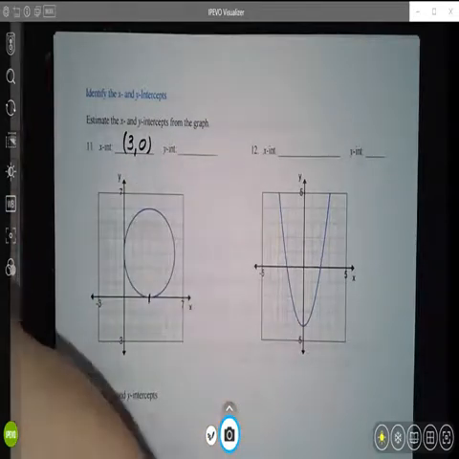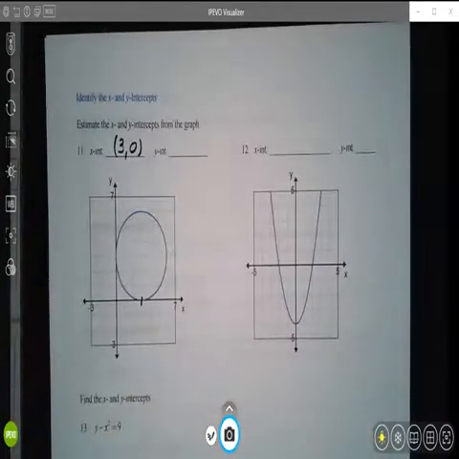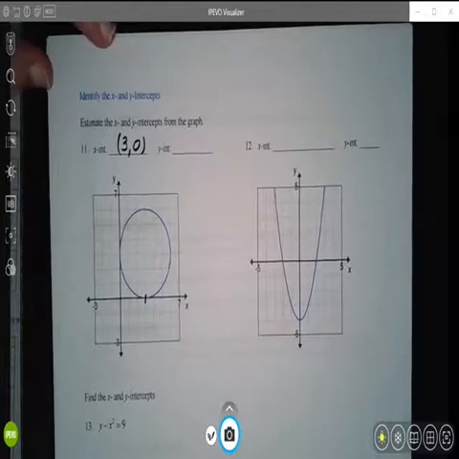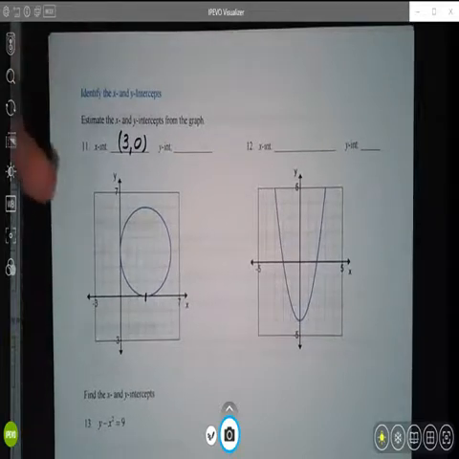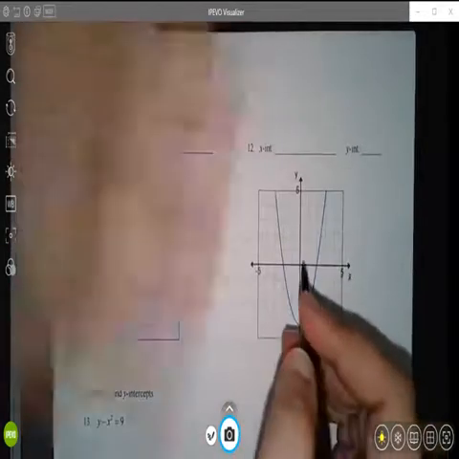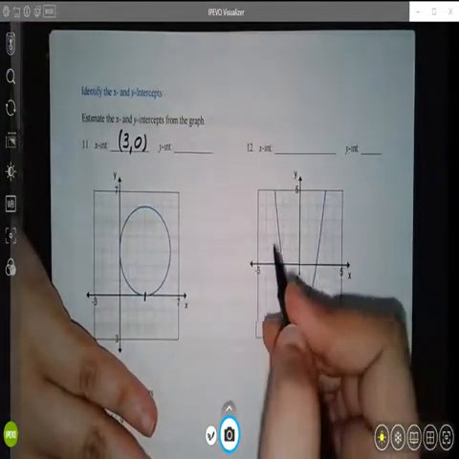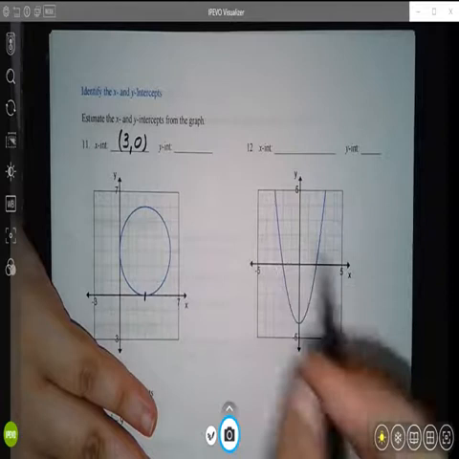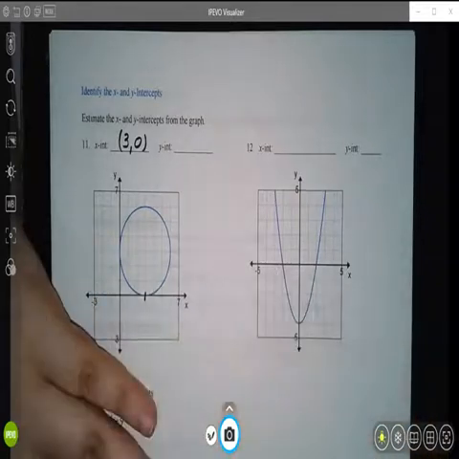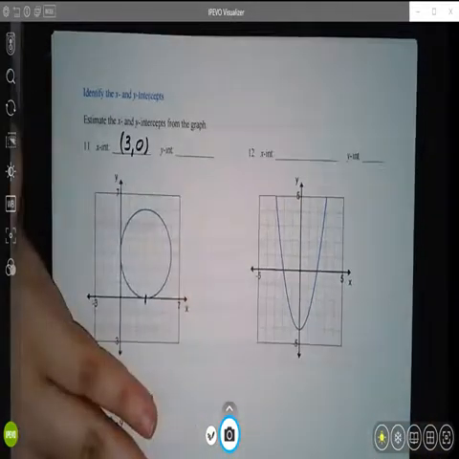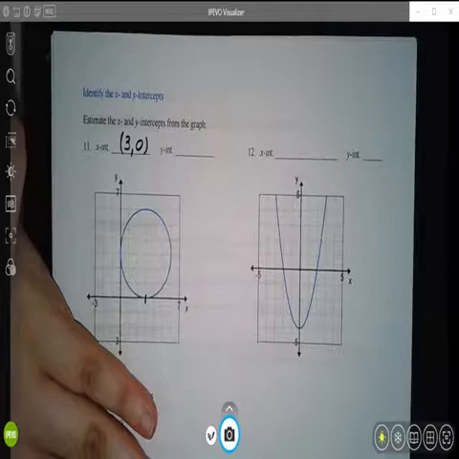Yes. So whenever I'm asking you to give me an intercept, you're going to give it to me in the form of a point. If you give me the number, you did it wrong. You lose points for that. And if the question is multiple choice, then you lose the question completely, which is a shame. So make sure to know that it's supposed to be an ordered pair, a coordinate. Yeah.